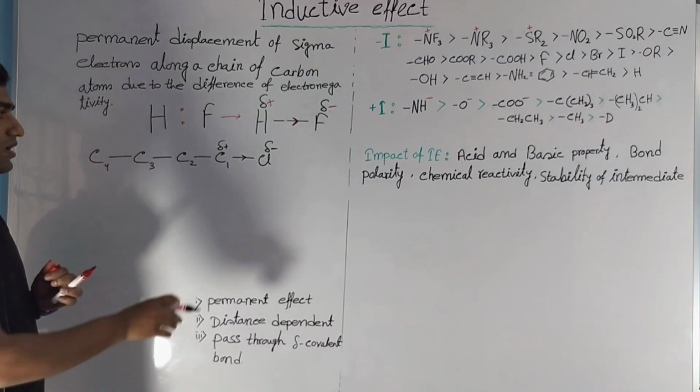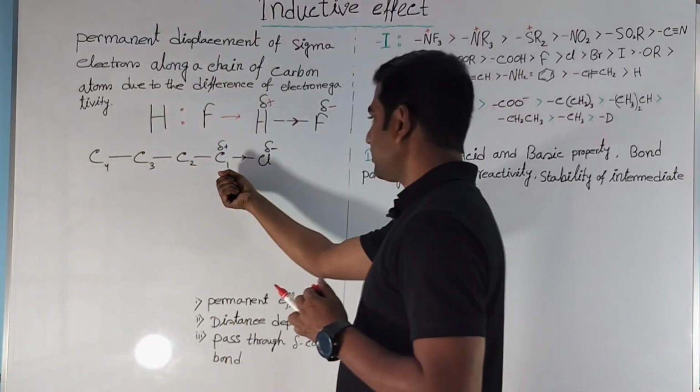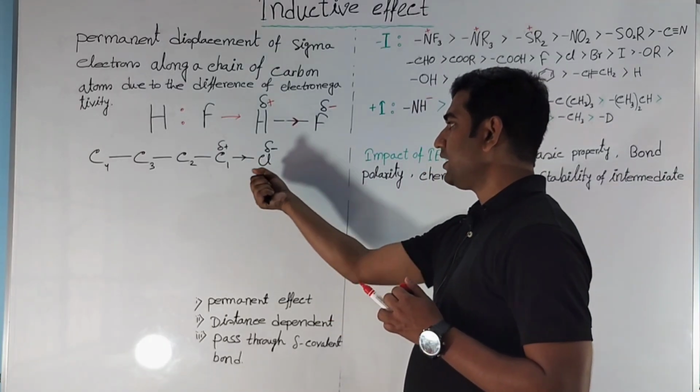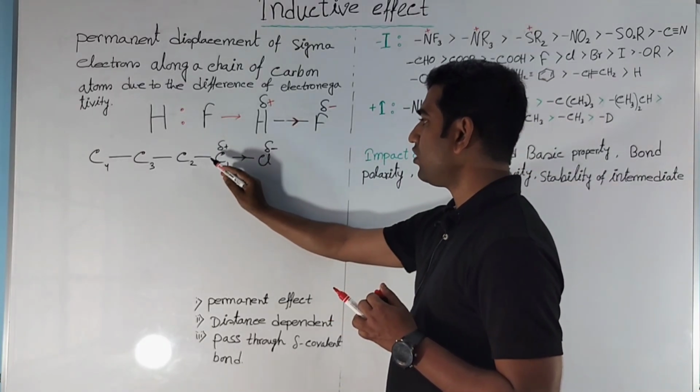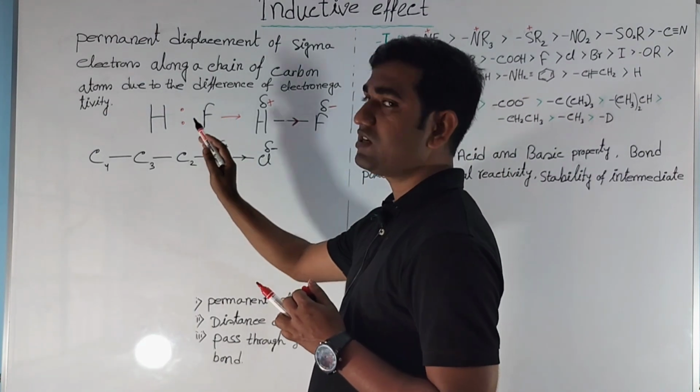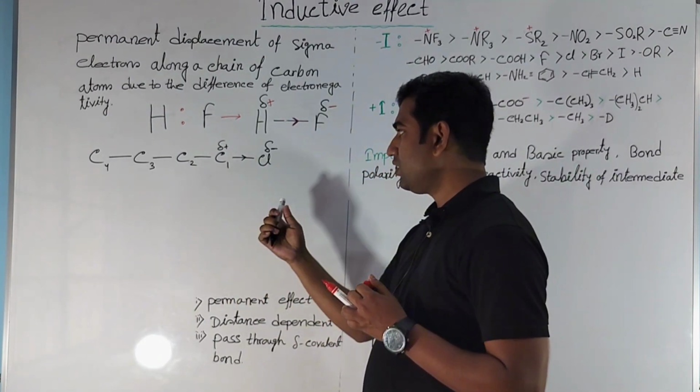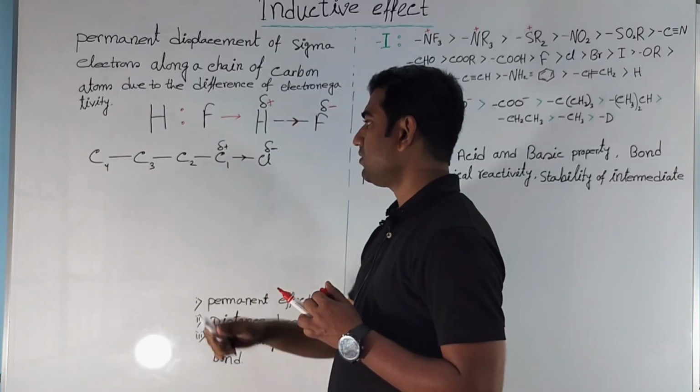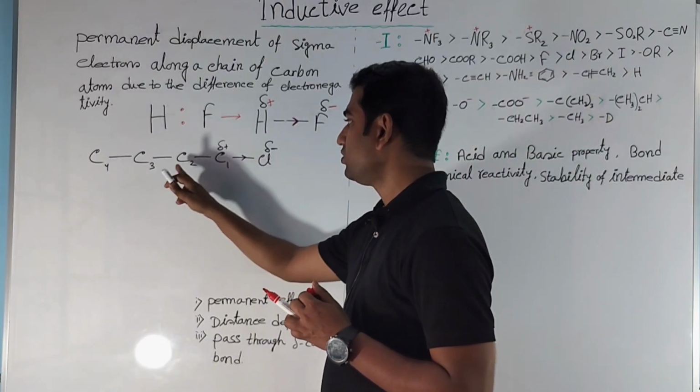But remember that the electron pulling power does not stop at the first carbon. It passes through up to 3 sigma bonds, meaning 1, 2, 3.